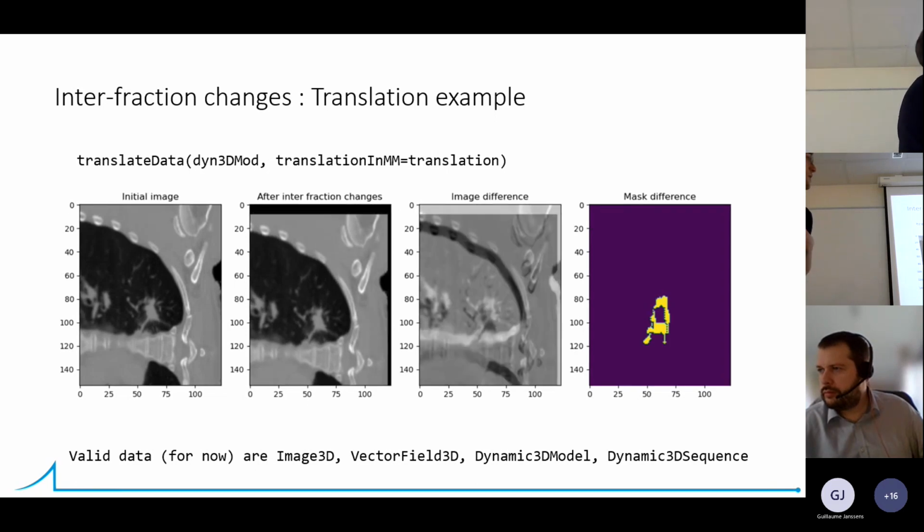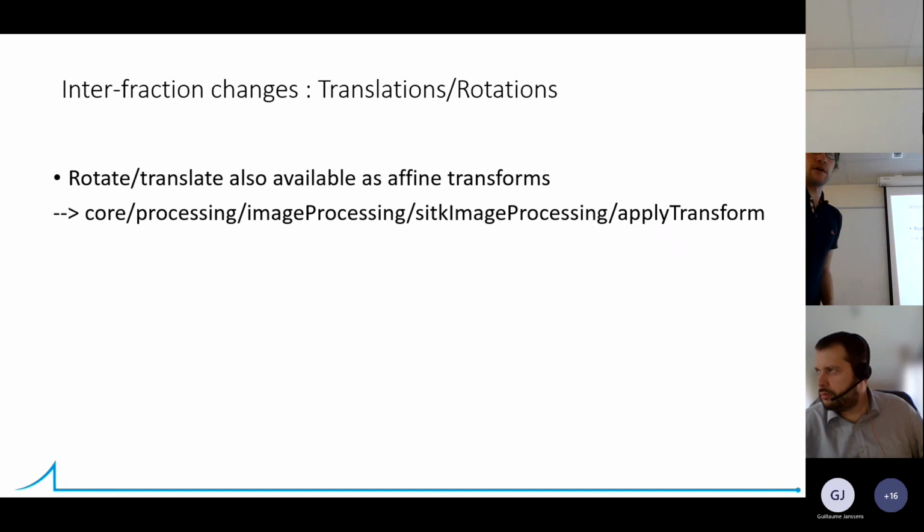And the same for a little translation here. Rotation and translation, sorry, are also available as affine transform. So there are two places in the core package where you can access these transformations.